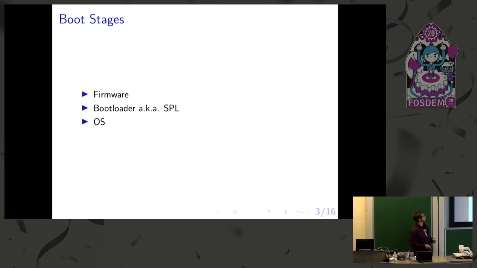Then there is a bootloader, aka SPL, divided into several stages. And then, of course, there is an OS, the code that implements the application the device was designed for, like desktop environment or multimedia system, or choose yours.